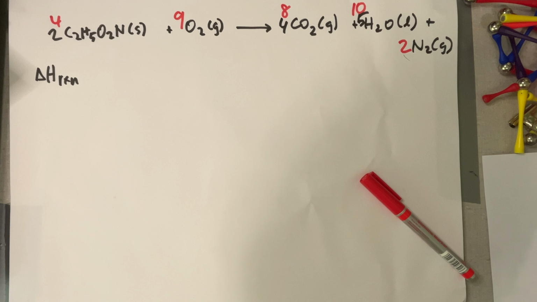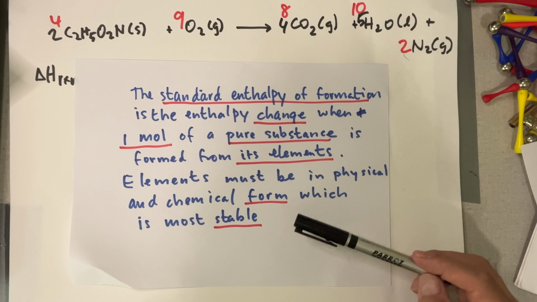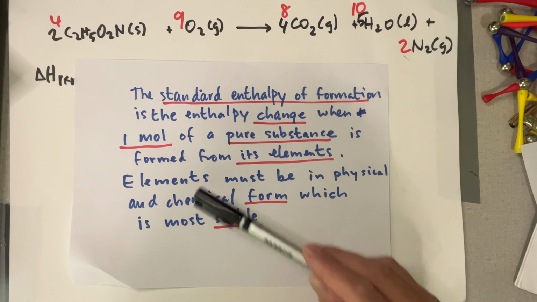It's defined as the enthalpy change when 1 mole of a pure substance is formed from its elements. The elements must be in the physical and chemical form which is the most stable. This is important because an element in its stable form has a formation enthalpy of 0. And if it's not in its stable form, then it has some value in kilojoules as to what its formation enthalpy should be. So for example, we know that bromine is stable as a liquid.